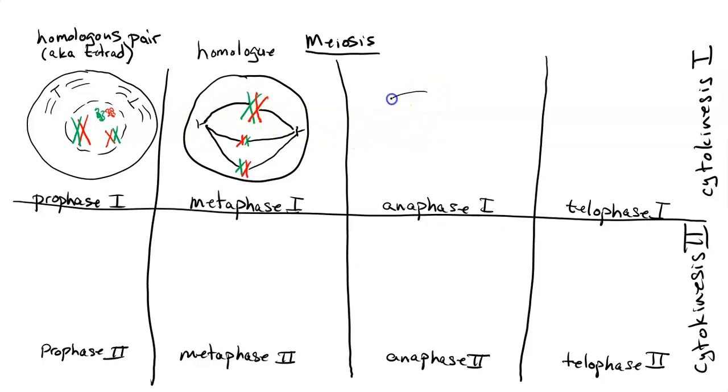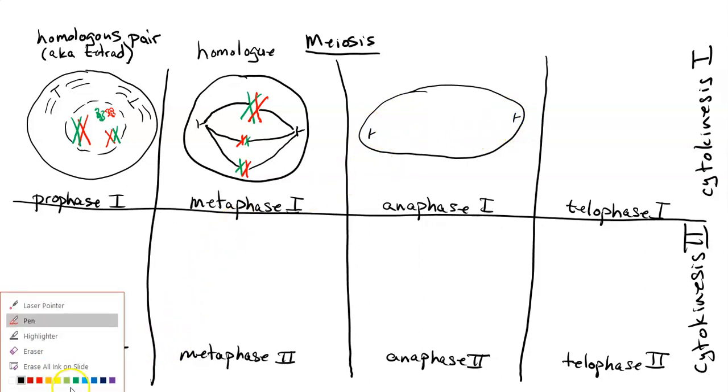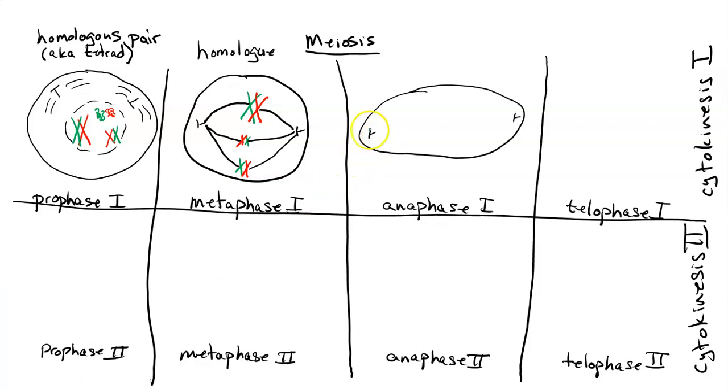In anaphase, the cell begins to elongate. The centrioles have remained at the poles, and you can see here that the large green chromosome is going to go that direction. The small green chromosome is going to go in that direction, and the medium green chromosome is going to go in that direction.